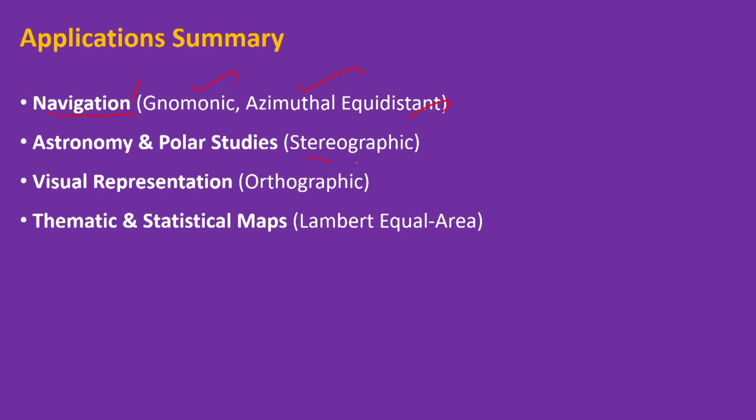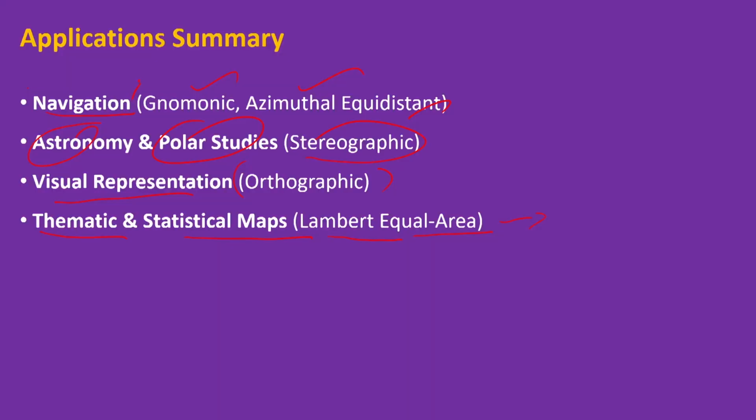If you are working with astronomy and polar study, probably you can use stereographic, and for a good visual representation, probably you can use orthographic. If you are working with thematic or statistical maps, you can go for Lambert equal area projection, where area matters. If you want to preserve the area, where you do not want to compromise on area measurement, you can directly go for Lambert equal area projection.